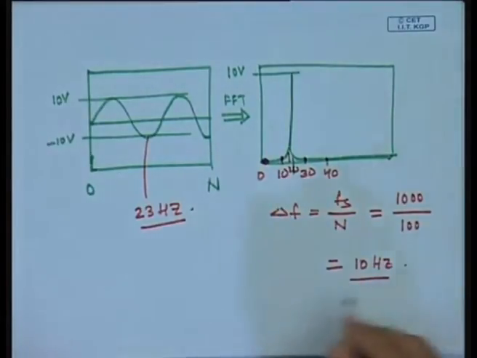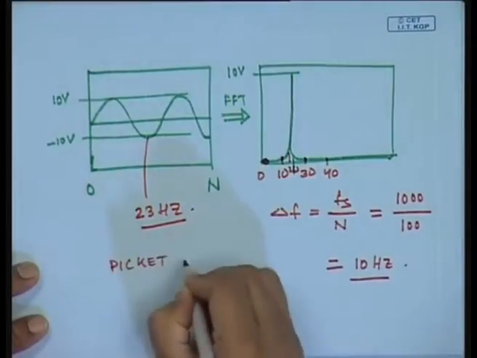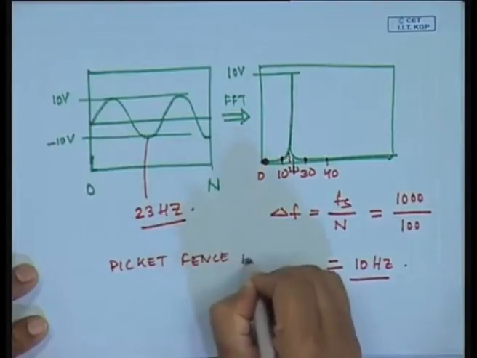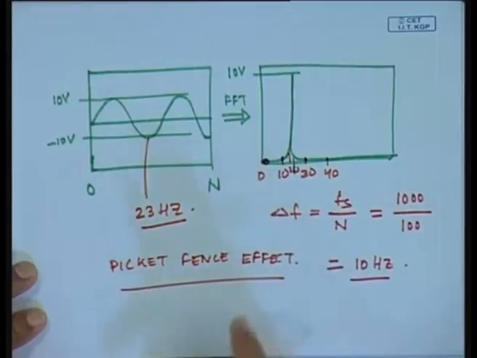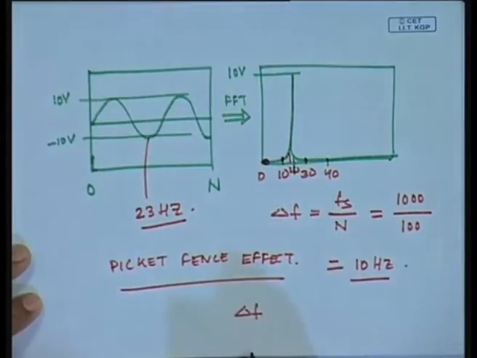This is what is known as the picket fence effect. That means I have inadequate frequency resolution in my signal. To overcome this, I need to make my frequency resolution very small.